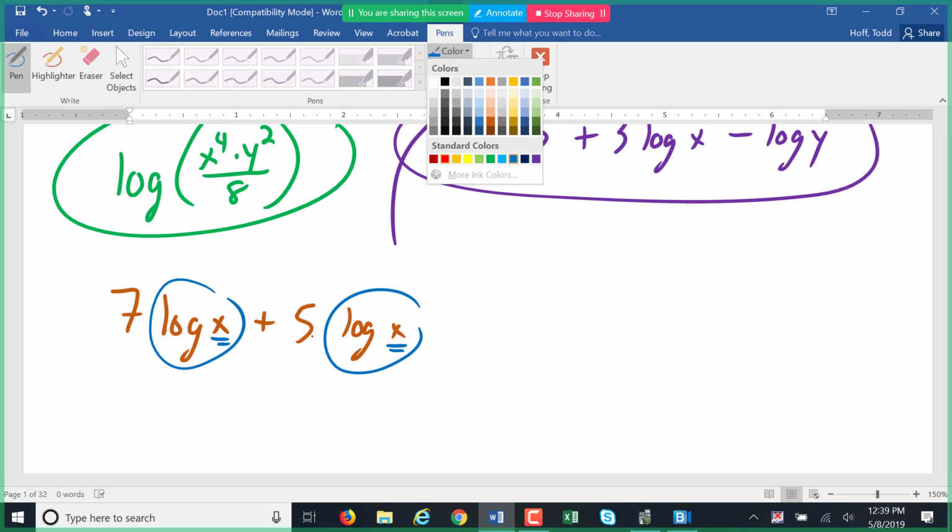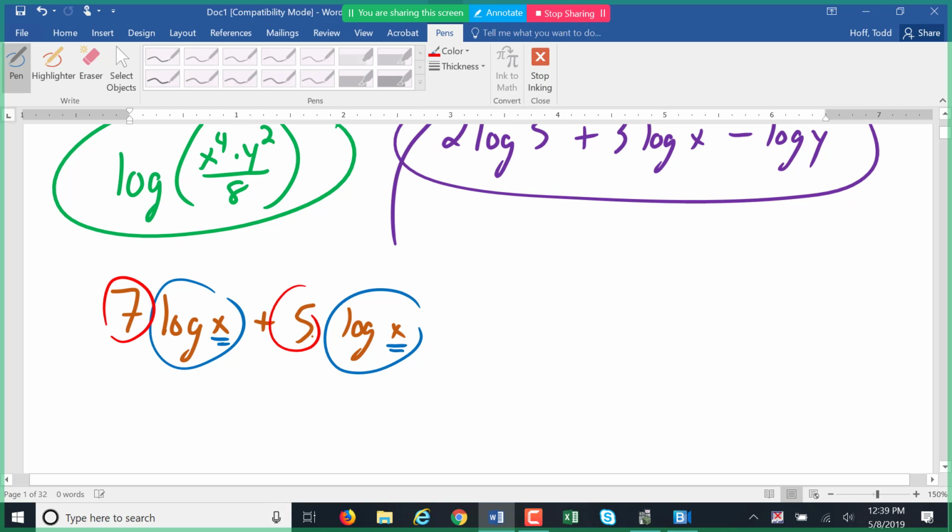We can combine the counts. 7 plus 5 makes 12, and treat the log x as a name.